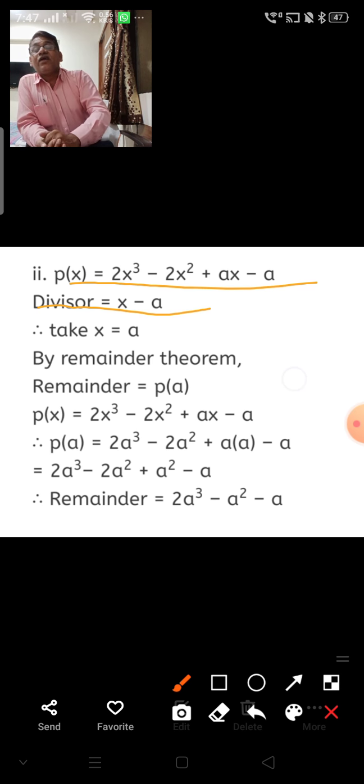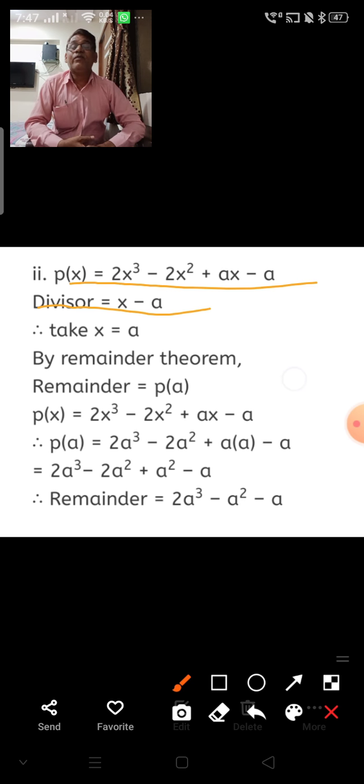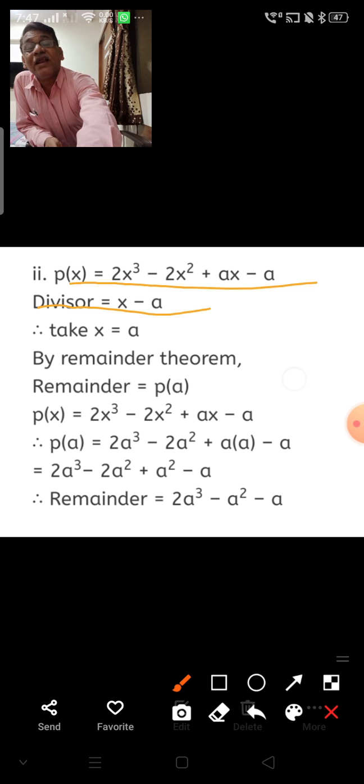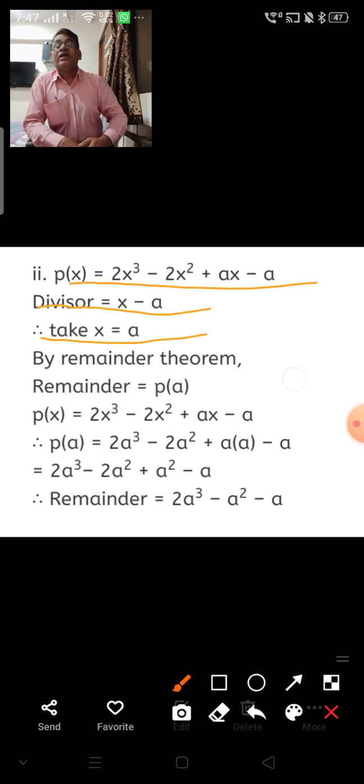Now here the constant term is minus a, so when we find the remainder using the remainder theorem, you have to take the value of x is equal to plus a. It is opposite to minus a, so you take x is equal to a and substitute in the given polynomial.